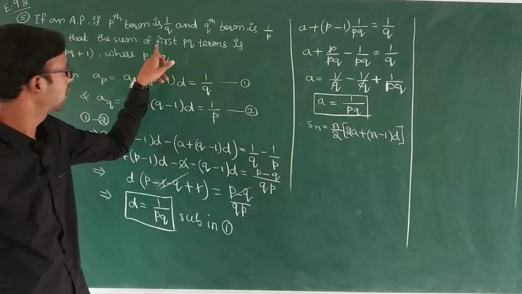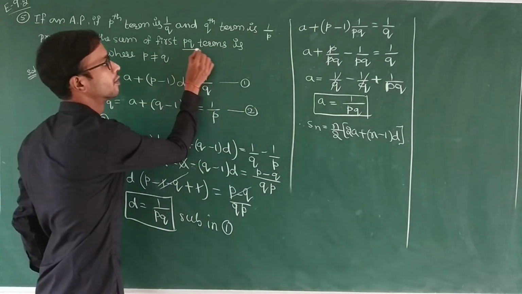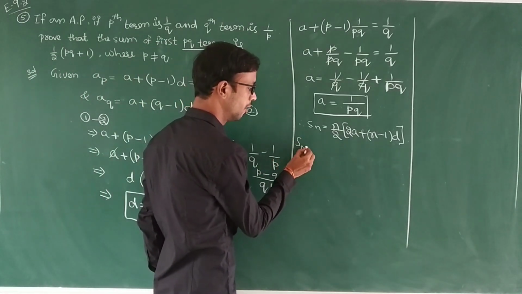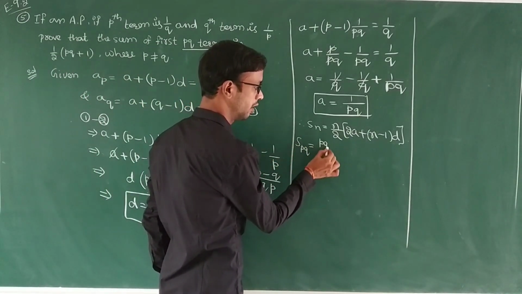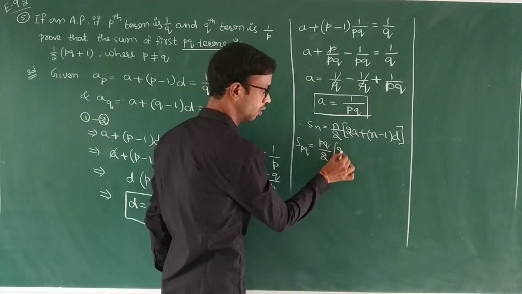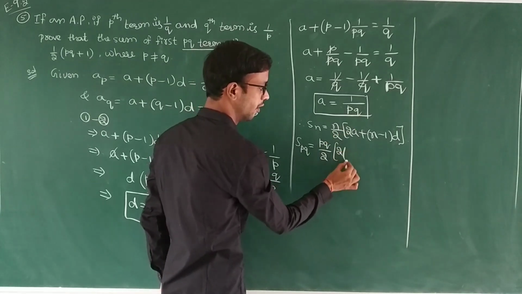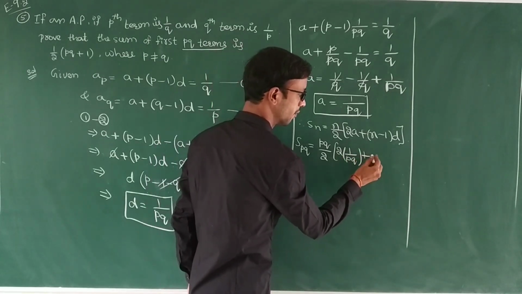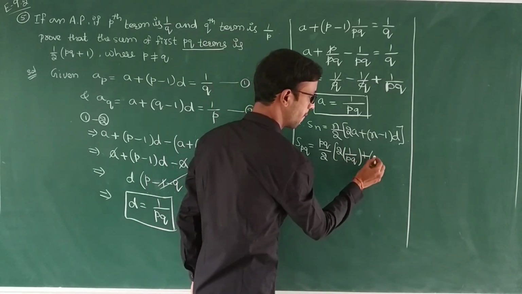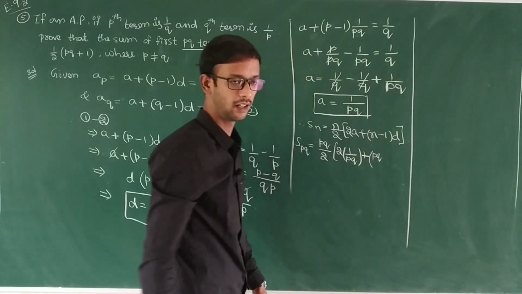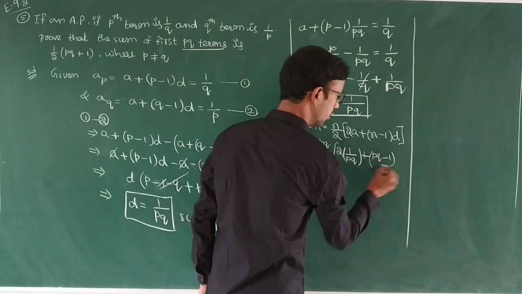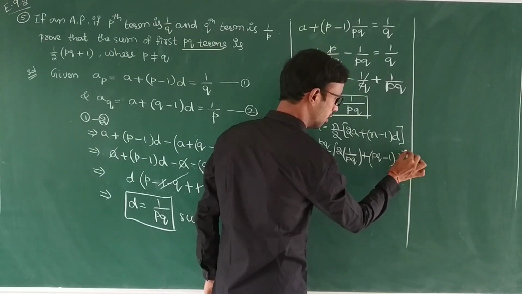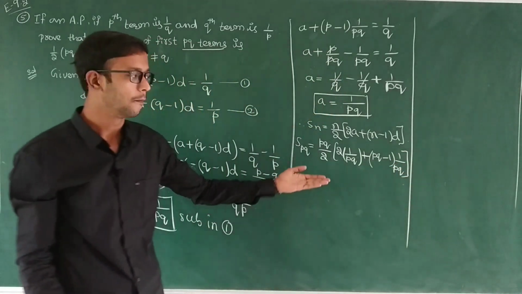Sum of first pq terms, so Sn is equal to pq by 2 into (2a, a is 1 by pq, plus (pq minus 1) into 1 by pq). D value is also 1 by pq.